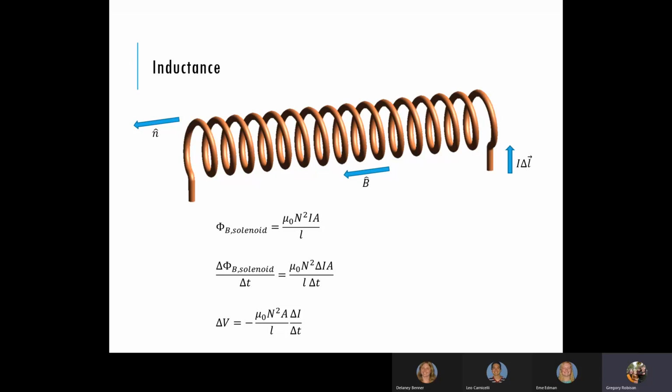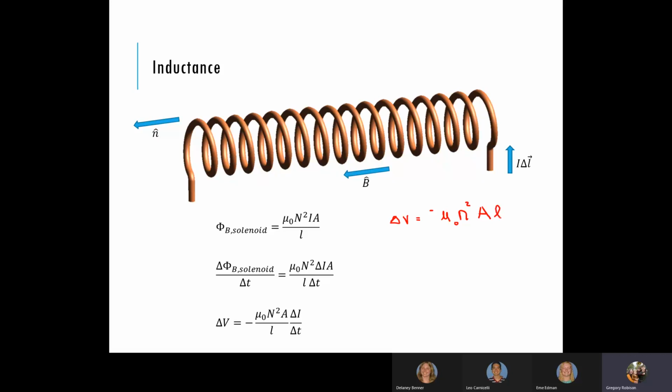Incidentally, sorry, I don't think I have it in here. So again, you'll just have to excuse my poor handwriting. If you don't want to deal with the number of turns, if you just want the turn density instead, you could also have it as delta V equals negative mu naught little n squared, the turn density squared, times the area, and you'd still need the length of the solenoid.